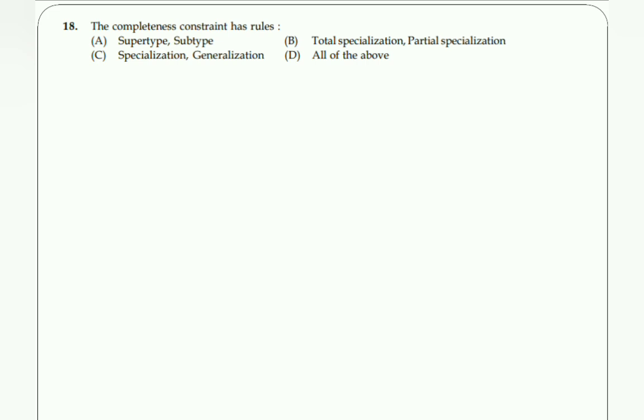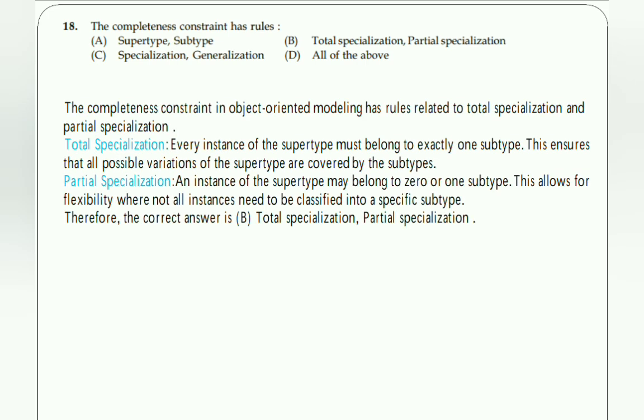The completeness constraint has rules. So supertype, subtype, total specialization, partial specialization, specialization, generalization, and all of the above. There are two rules of completeness constraint, that is total specialization and partial specialization.